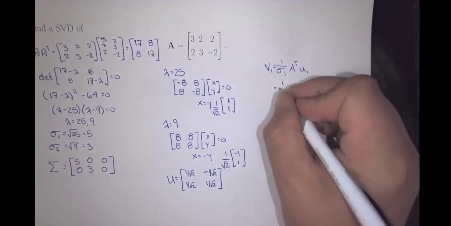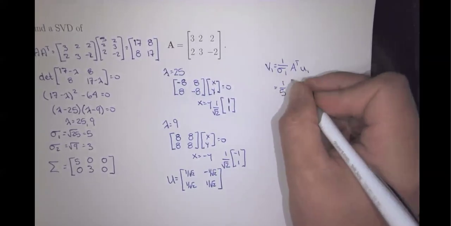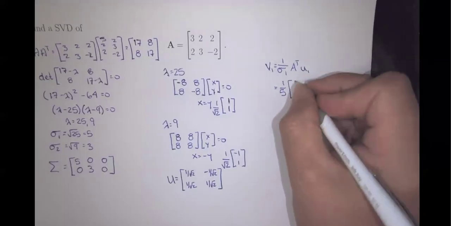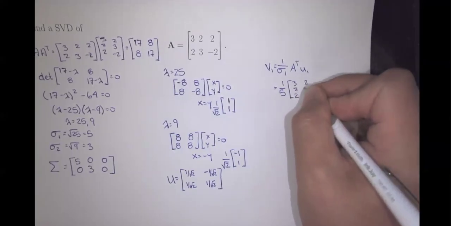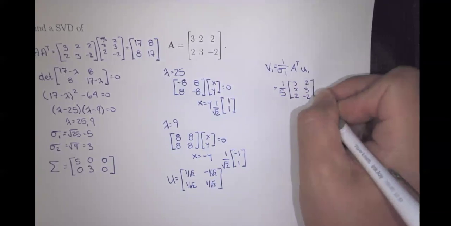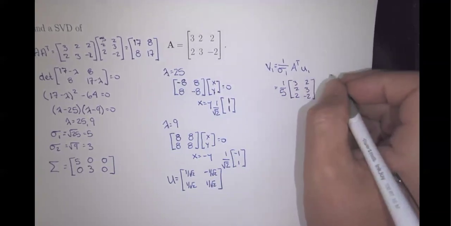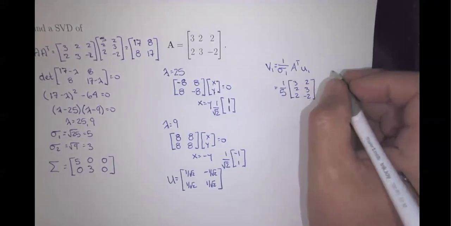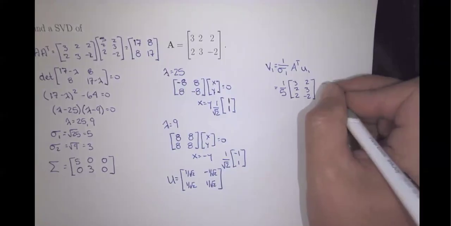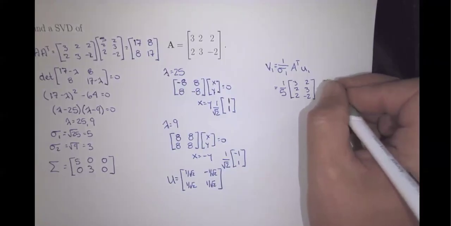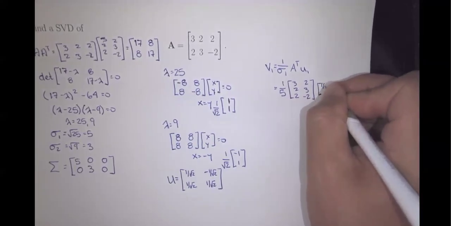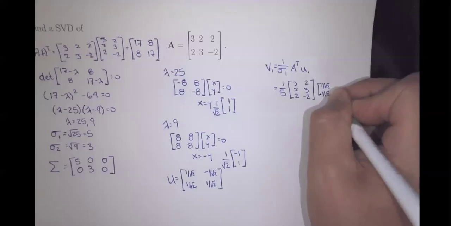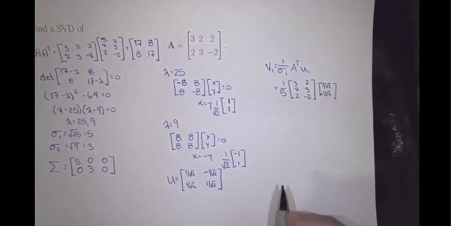So 1 over 5 times 3, 2, 2, 2, 3, negative 2 times U1. And U1 is that 1 over root 2, 1 over root 2. That first eigenvector.